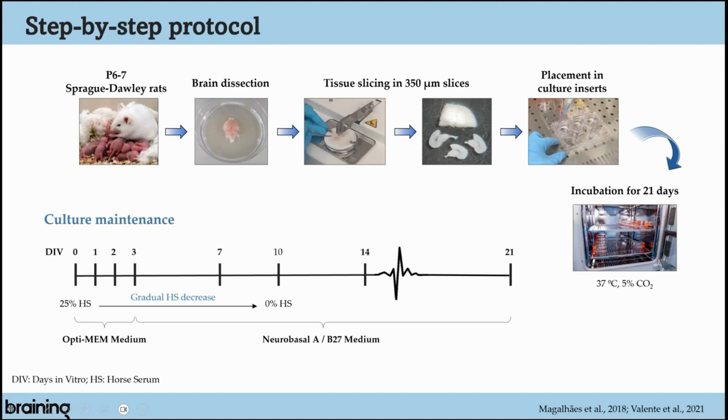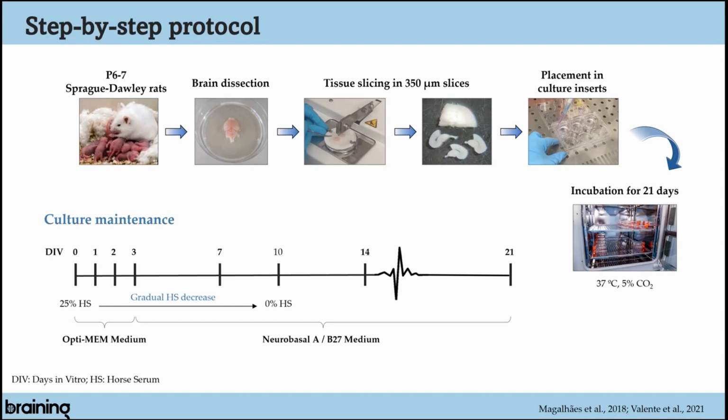So something was happening, and I ended up contacting one of the researchers that published a paper with hippocampal organotypic slices, and he said, oh, maybe we don't do exactly that. Maybe we don't change the whole media.